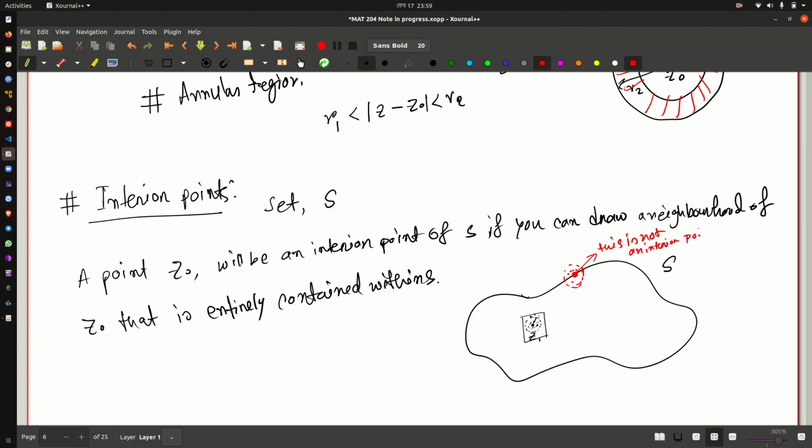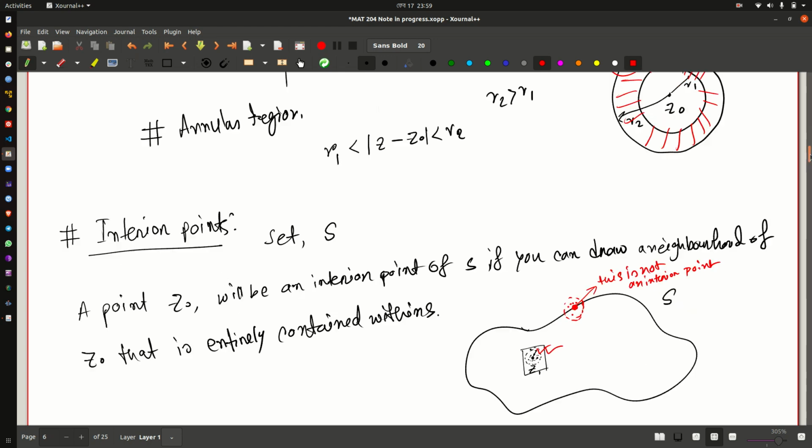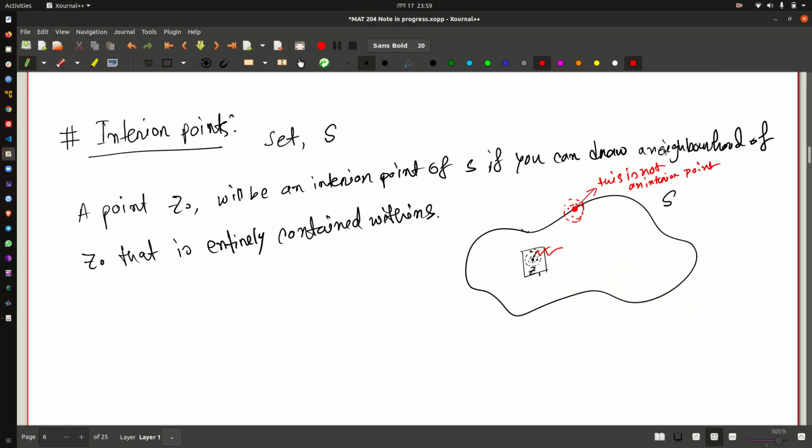But this one is. So this is an interior point, and from this definition of interior point and from this picture we can come up with another definition, and that is the definition of the boundary points.